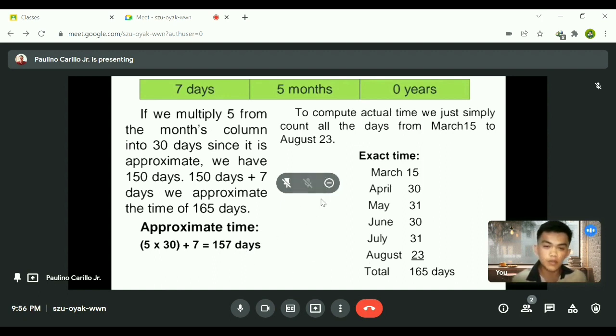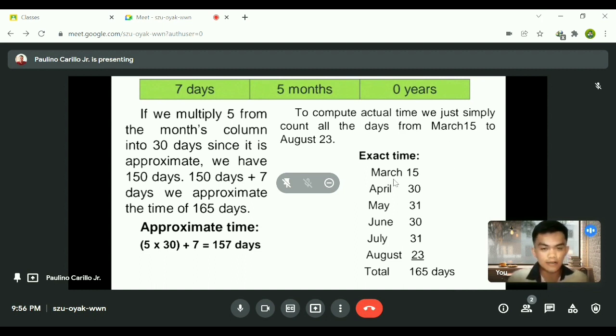To compute the actual time, we just simply count all the days from March 15 to August 23. As you observe, we don't start on March 16 because in March we have 31 days. 31 days minus 16 days is equal to 15. So let's start on 15.